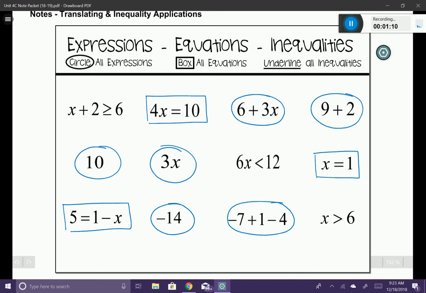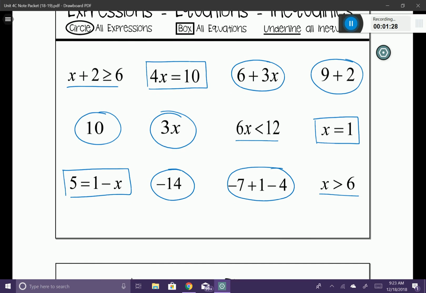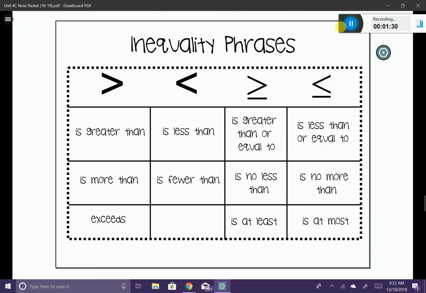And I'm going to finish up by underlining all of my inequalities. Hopefully you were able to match those up. That's a nice little review of the differences between expressions, equations, and inequalities that we've been learning over the past couple of units.